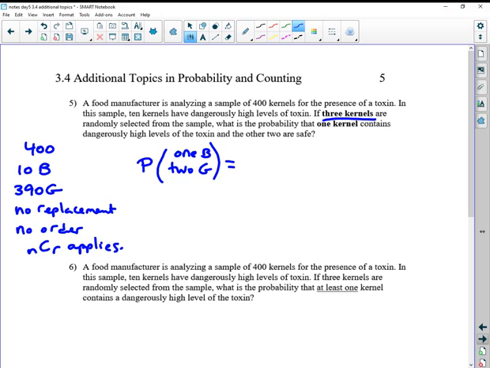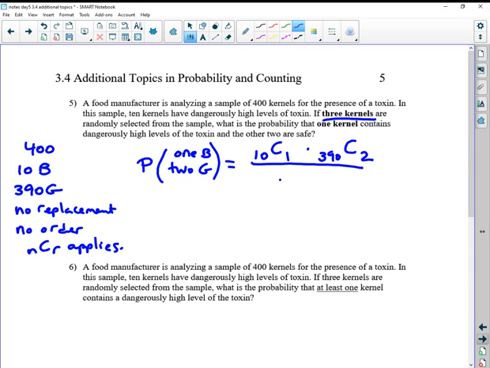Well, I have to pick a bad one in the top. There are 10 bad to pick from, and I don't care what order I do them in, but I need 1 of them. These notations can be written right next to each other to show that we're going to be multiplying, and I need to pick 2 good ones out of that 390.